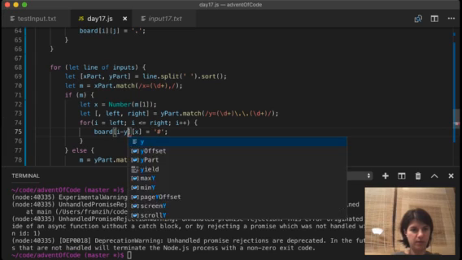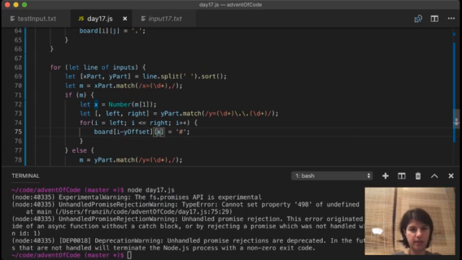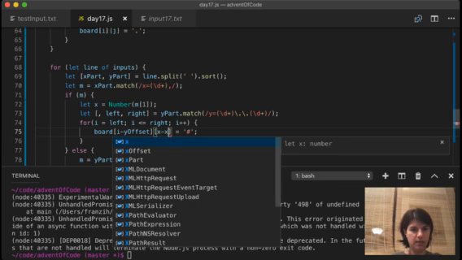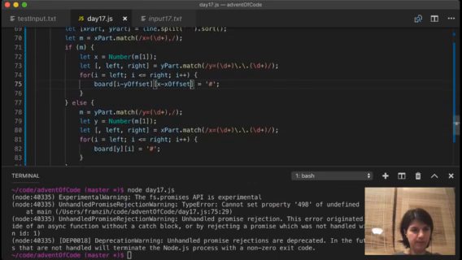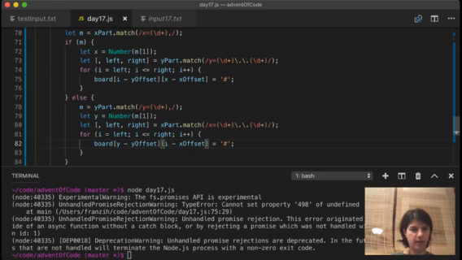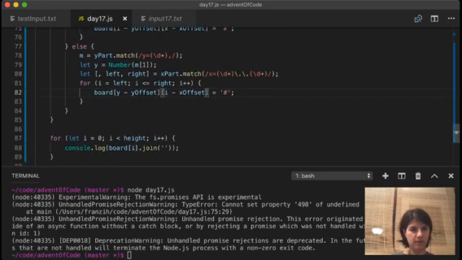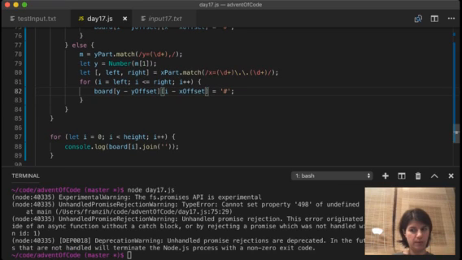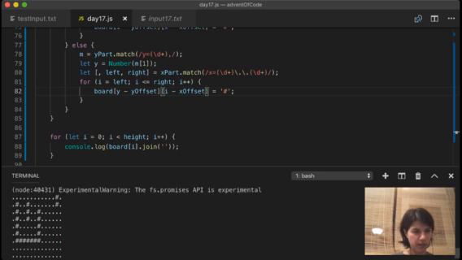So y minus y offset, x minus x offset. And the same here, y minus y offset, i minus x offset. And the offsets were the minimums. Yes, that should work. Okay, yep.